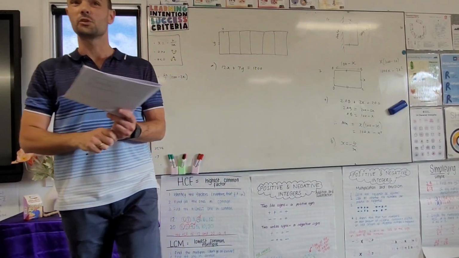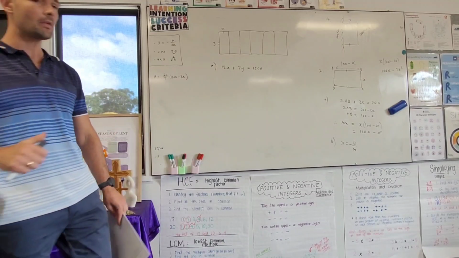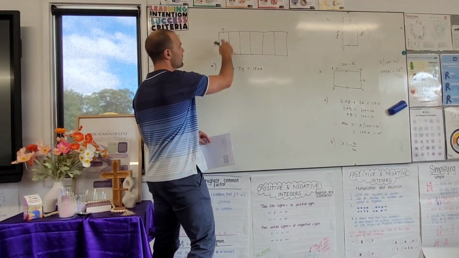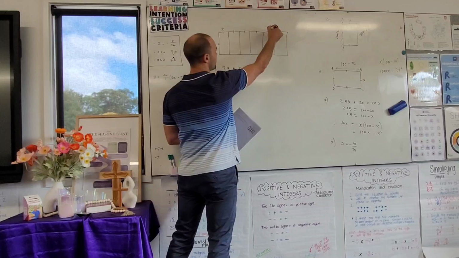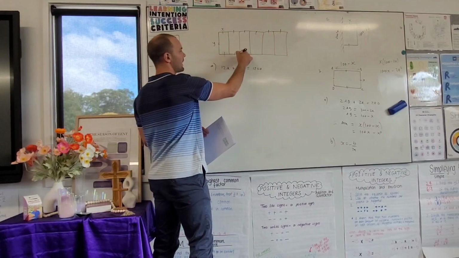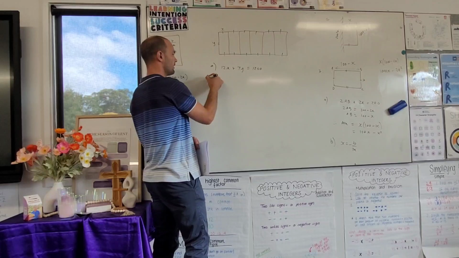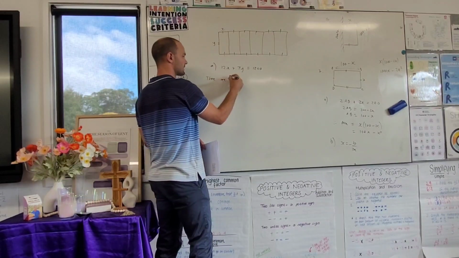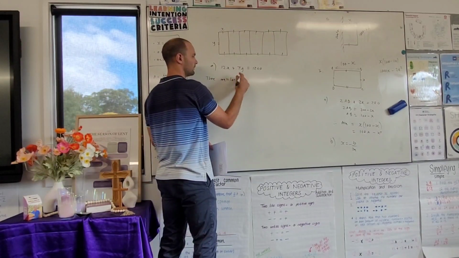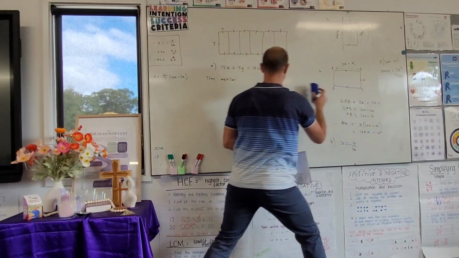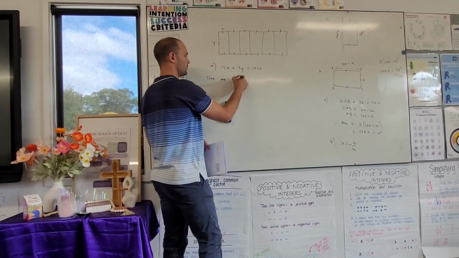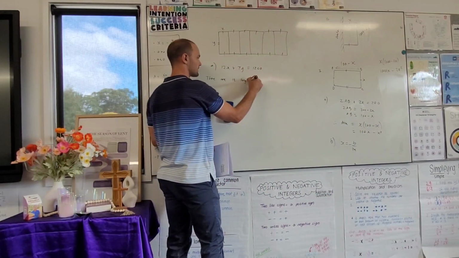Well, all we have to do here is observe from the shape we're required to have. We have 1, 2, 3, 4, 5, 6, 7, 8, 9, 10, 11, 12 lots of x. So there are 12 lengths of x.